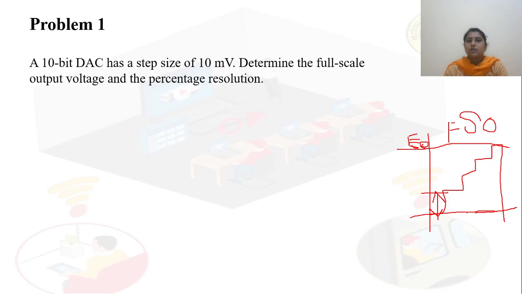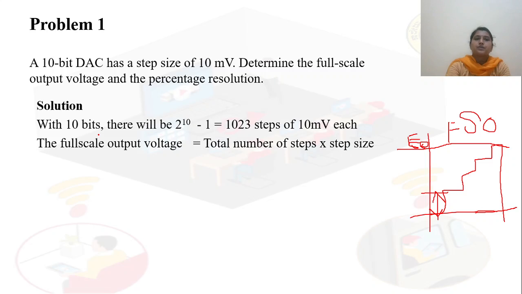Step size is 10 millivolt. To find out full scale output voltage, first we should know how many steps or intervals are present in this DAC. The DAC is a 10-bit DAC. In general, to find the total number of steps present in the output, the formula is 2 to the power of n minus 1 for an n-bit DAC.